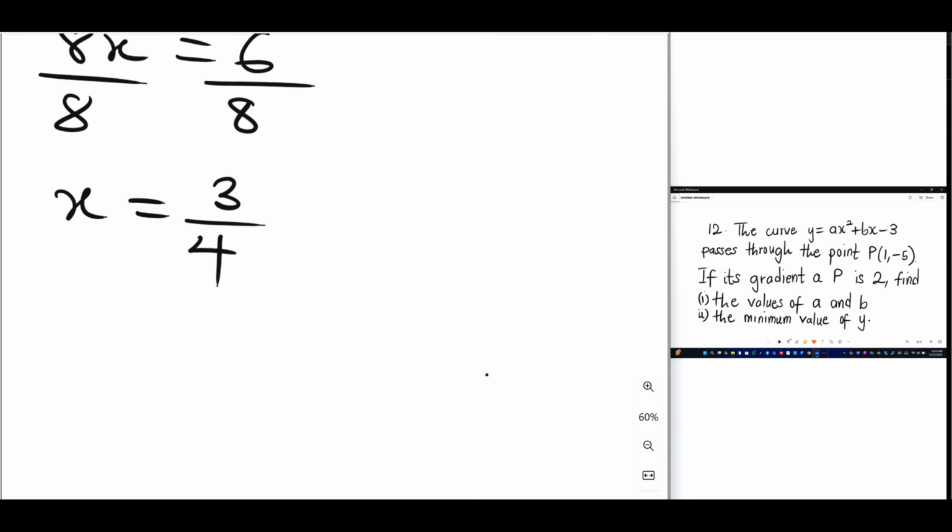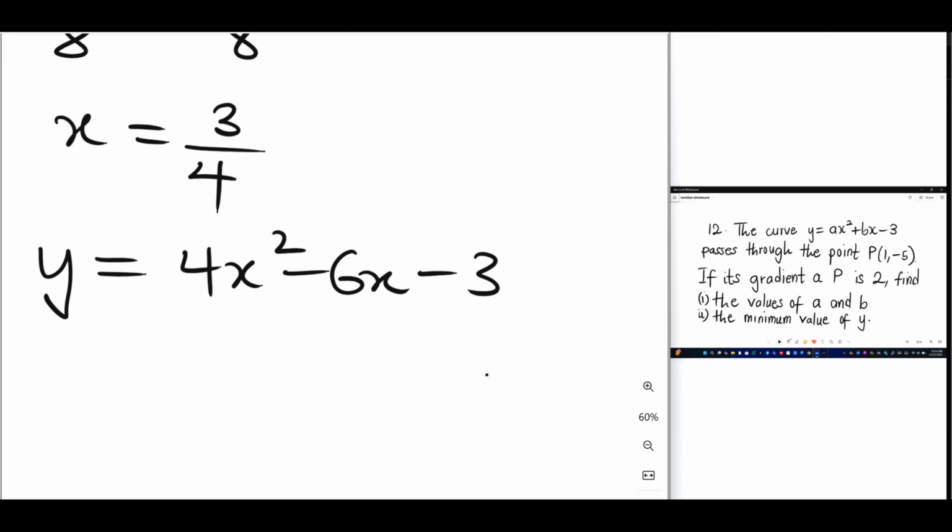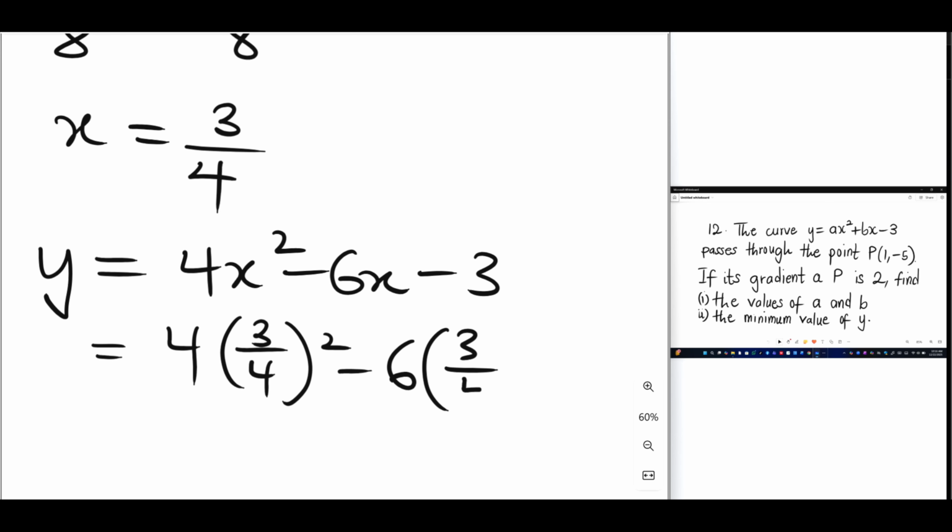All right. So we have our function to be y is equal to 4x squared minus 6x minus 3. So wherever you see your x, you are going to put the x value. So 4, then 3 divided by 4 squared, minus 6, also multiplying 3 divided by 4, then minus 3.